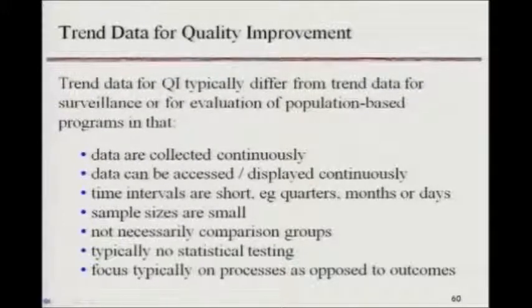Typically the time intervals are shorter, quarters, months, or even days, whereas we've been looking at years, more at the population level. Sample sizes are typically really small, depending on the indicators you're looking for. If you're looking at early elective deliveries, the numerator, and even the denominator, is really small.